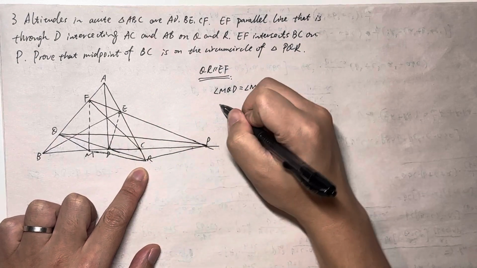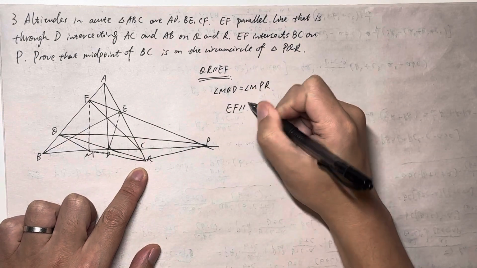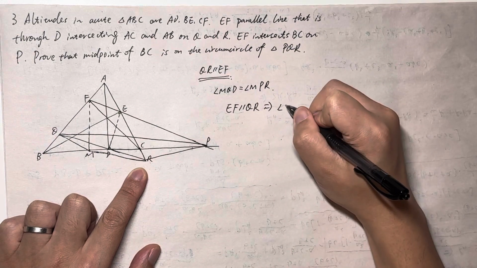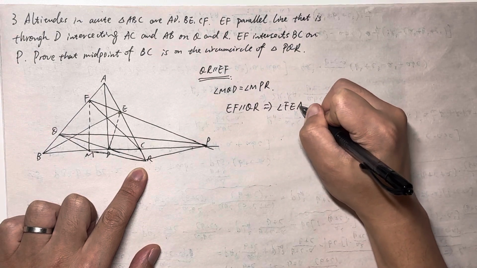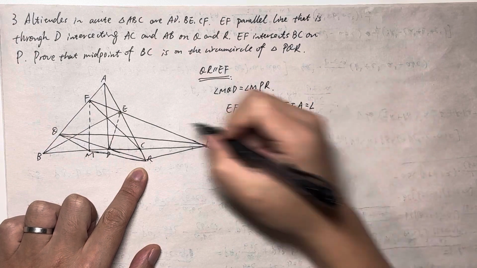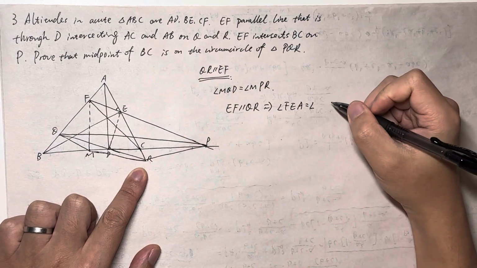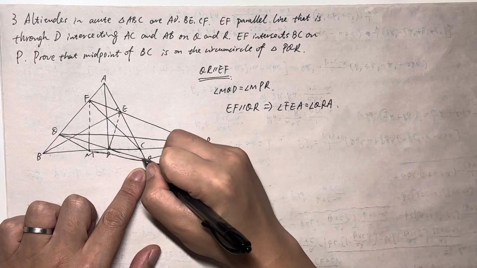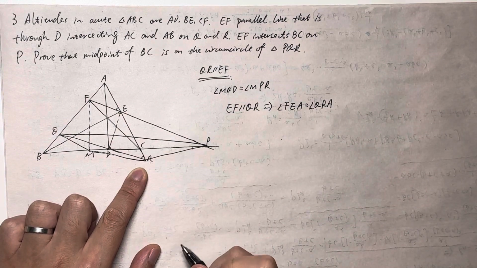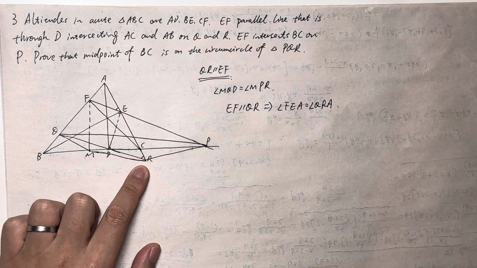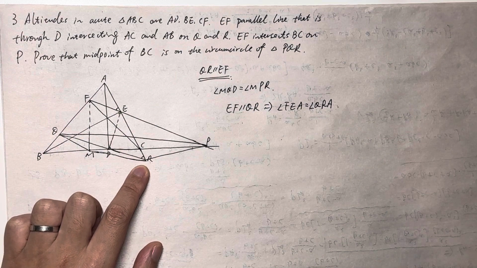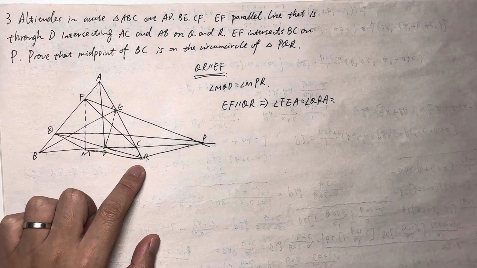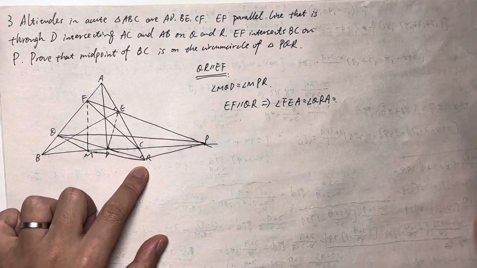Because EF is parallel with QR, we get that angle FEA equals angle QRA. We just try to mark as much as possible what we can get from the problem setup. That's how we solve the problem.